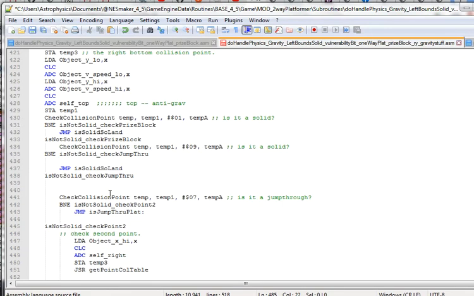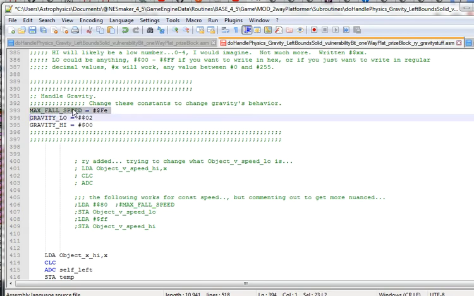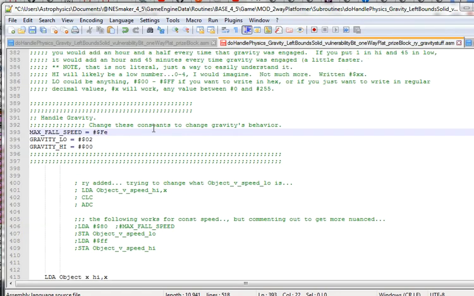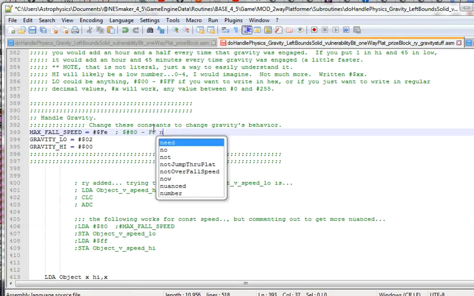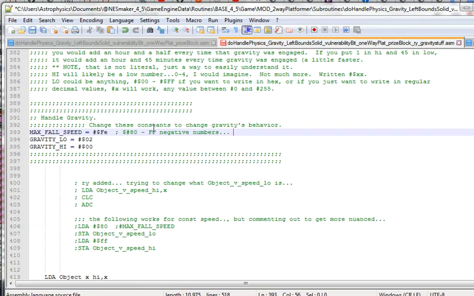So until it gets to the max fall speed, which is a negative number, and it looks like anywhere between 80 up to FF is going to be negative numbers, which means you could say speed or velocity is positive.